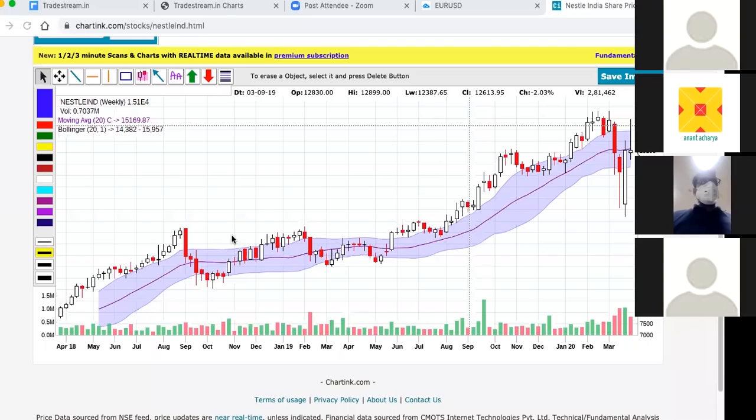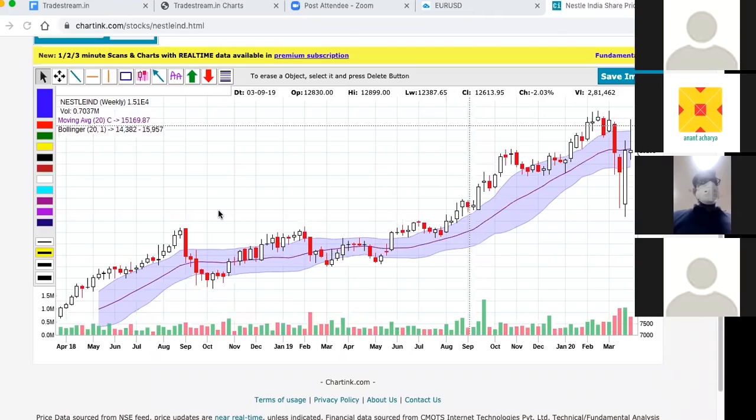Next question is how to act on a consolidating scrip like Nestle. Nestle is consolidating now. The idea is you don't want to act on it. That's the whole idea. This is going to tell you which stocks you want to look at for trending. If it's inside the Bollinger Band, just remove it from your watch list. There's nothing to do there.